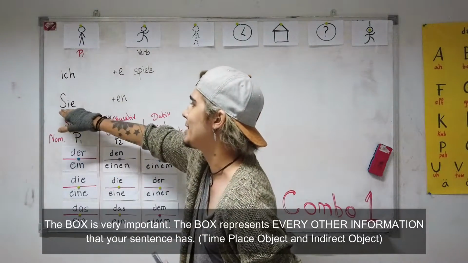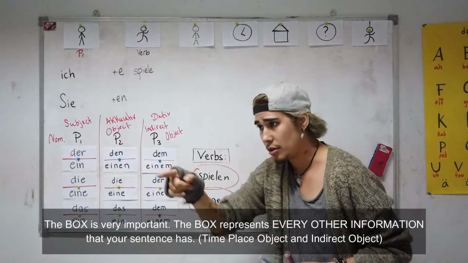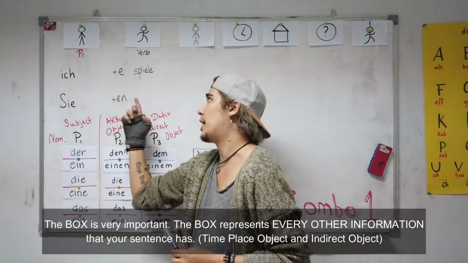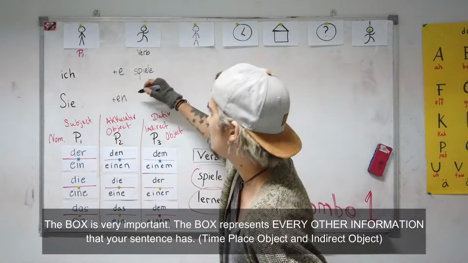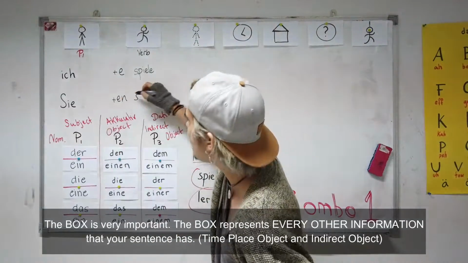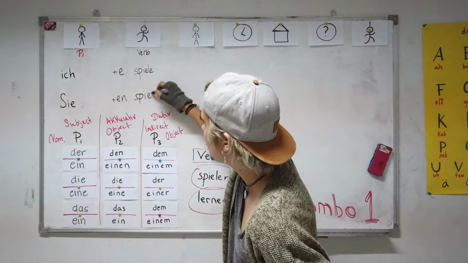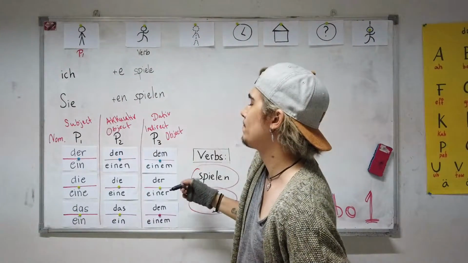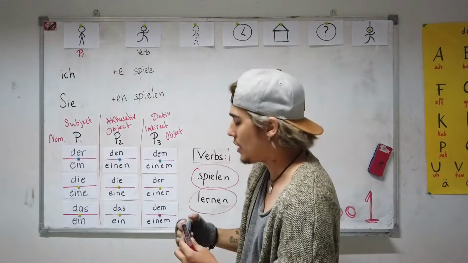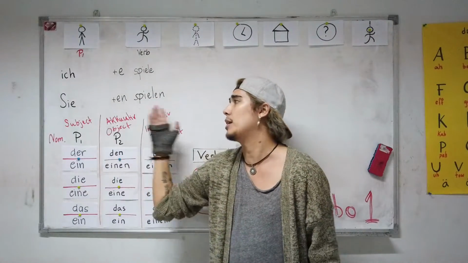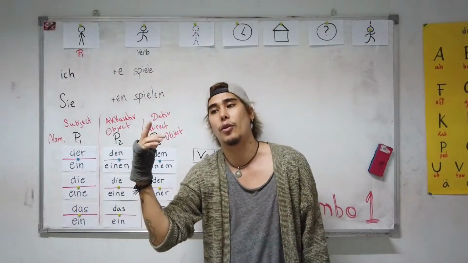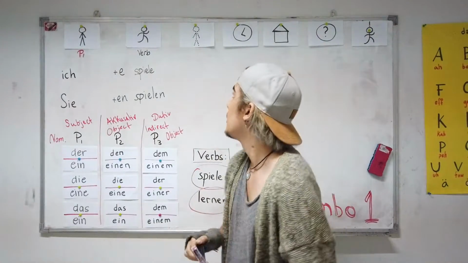And if we do the same with Z, which is you, then it has to end with the EN. In this case, Sie spielen. You don't have to do anything, it's already Sie spielen, you are playing, or ich spiele.